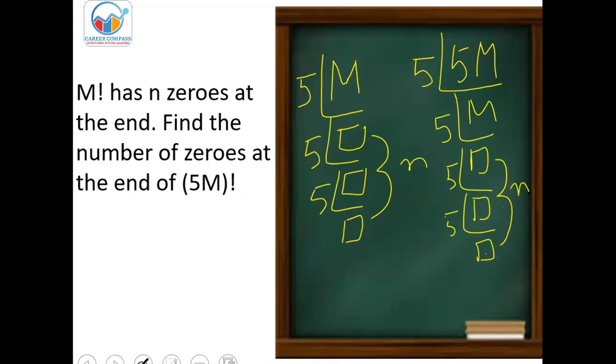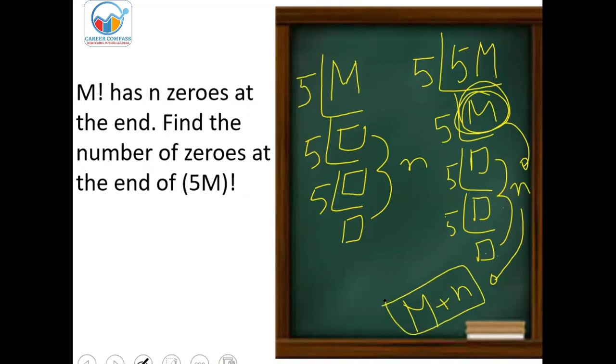But in this case, this m itself is another quotient, which means my answer will be capital M plus small n. Right, guys? That will be the number of zeros at the end of 5m factorial.